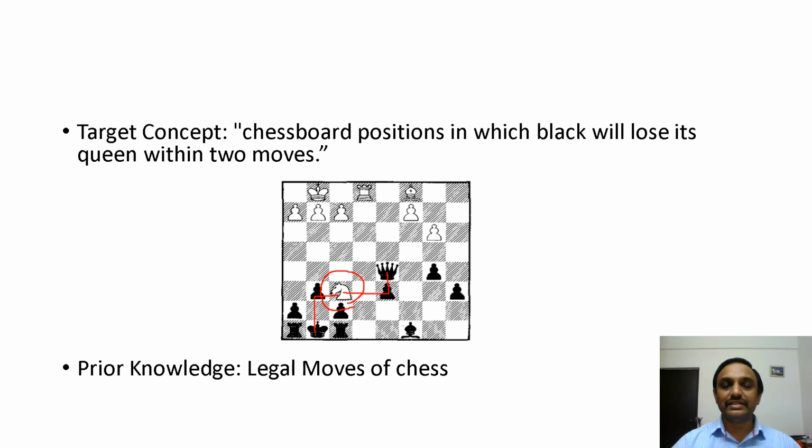Then in the next step, you can eliminate the black queen by using the white knight. Then one more thing we have to keep in mind: if you are keeping the white knight here, there should be no threat to the white knight from any other coin of black. Like that, you have to prepare your chessboard to meet our target.